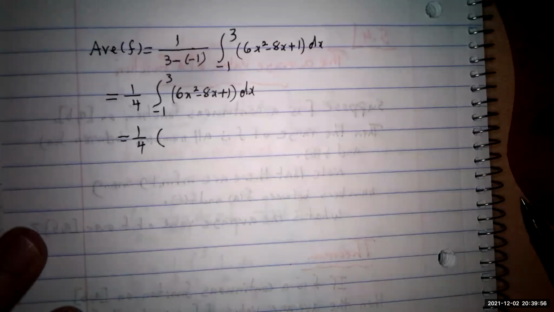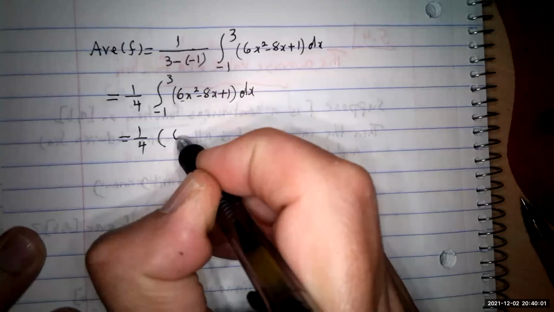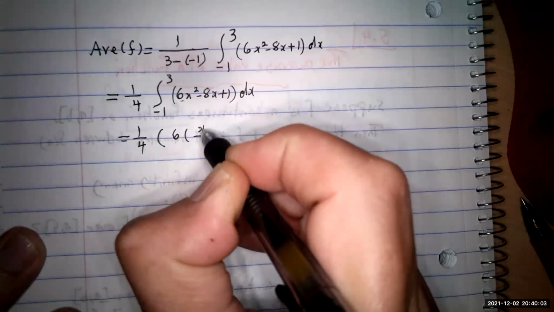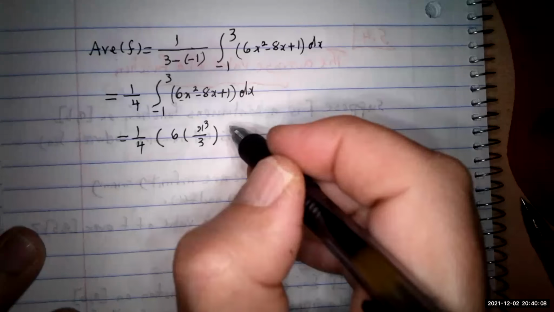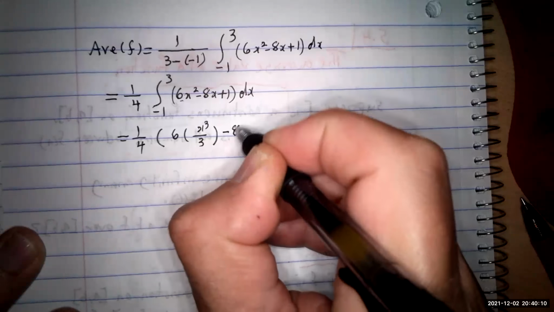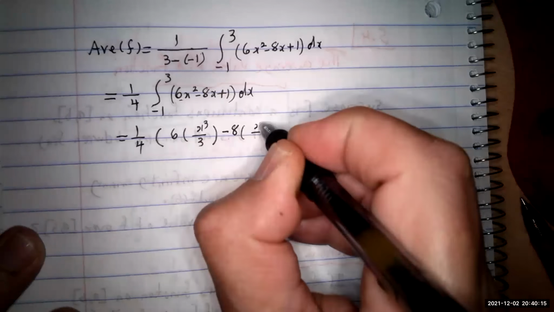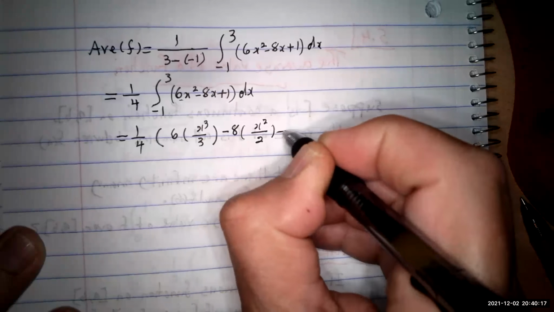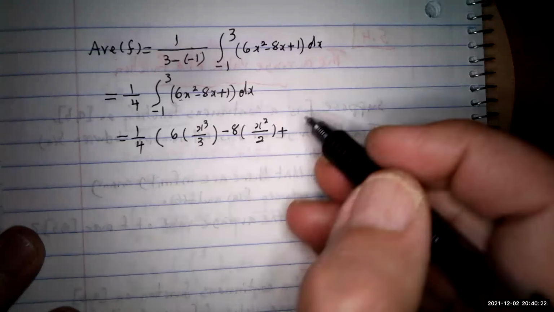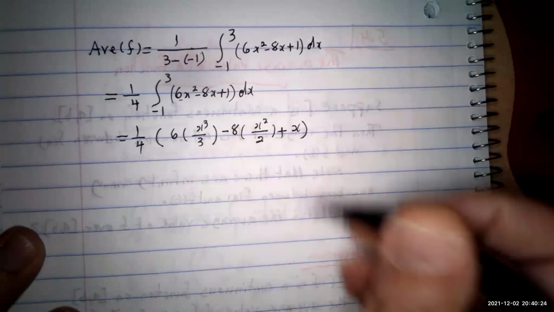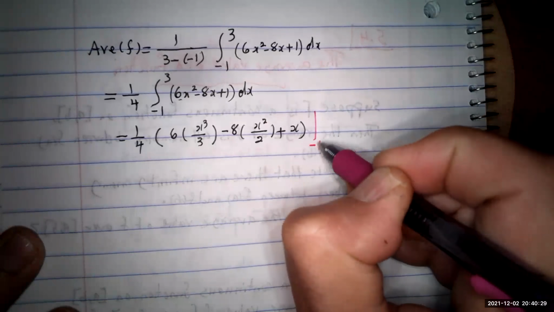Now you integrate. You see 6 is the number. X squared, so that gives x to the 3rd over 3, minus 8 times x, move up the power, so that gives us x squared over 2, plus 1. The integral of 1 would be 1 times x, but it's going to be evaluated from -1 to 3.